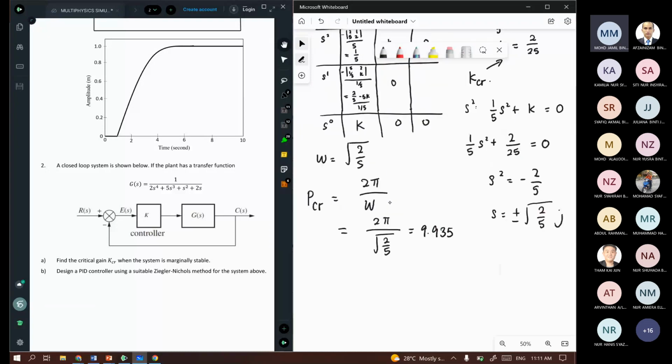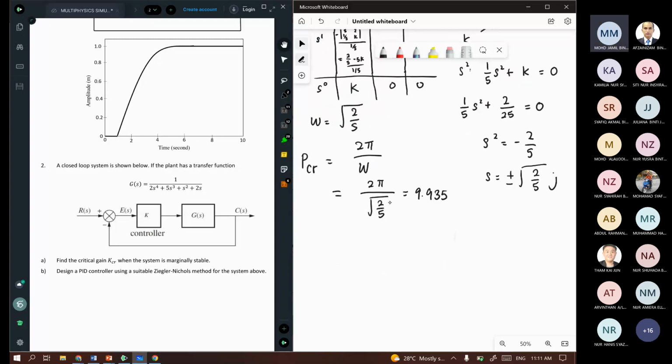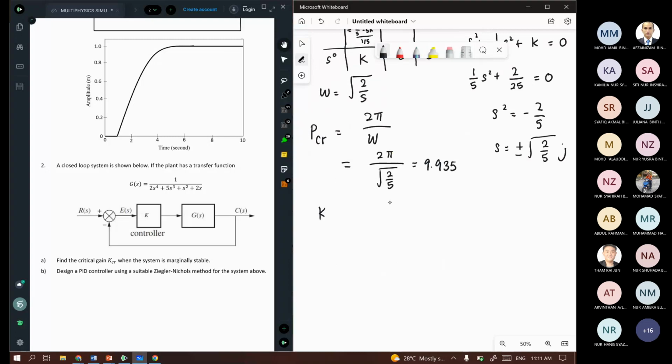So we get PCR and KCR. Then we use the table to determine KP, TI, and TD.